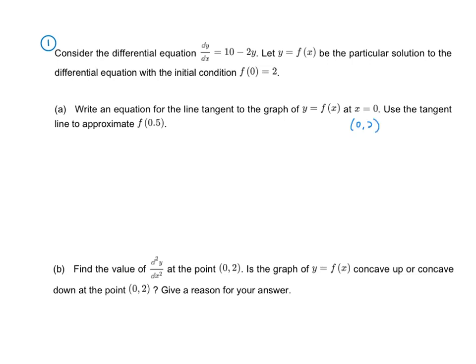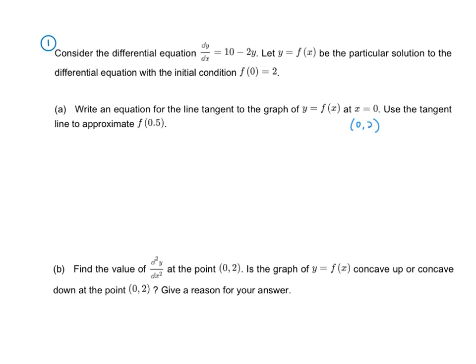And then here, this gives you the slope. This gives you the derivative of y at any point. Notice this derivative is only in terms of y. So if we plug in the y coordinate of this point, that'll be the derivative at this point, and the derivative at that point is the slope of the tangent line.